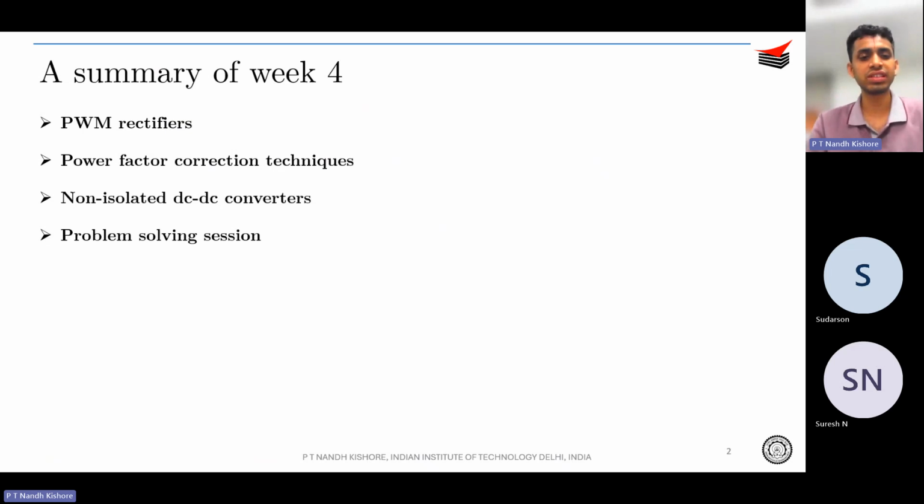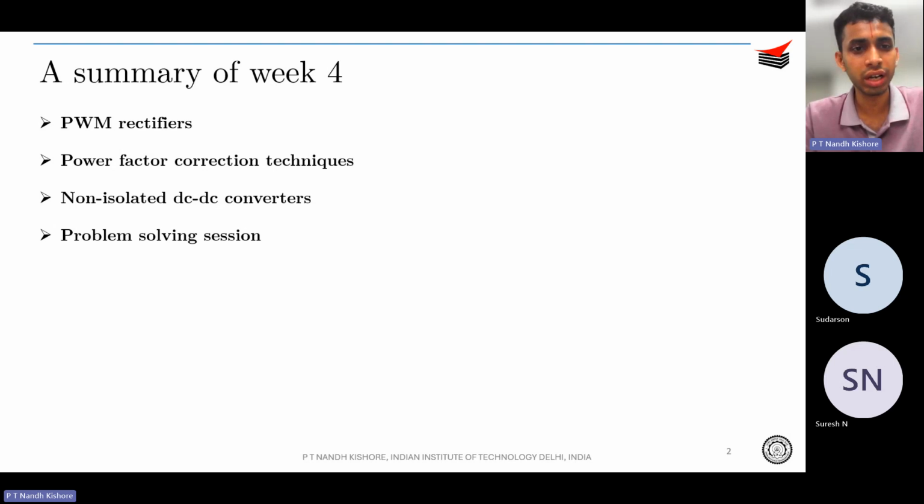Okay. So just as a recap, in the past week, you learned about PWM rectifiers. So in specific, you learned about one non-isolated, one isolated PWM rectifier, that is the boost PFC. We call it PFC because it's a power factor correction stage. So we have the boost PFC, and I guess you also learned about the flyback topology, right?